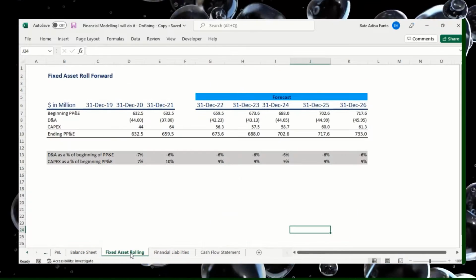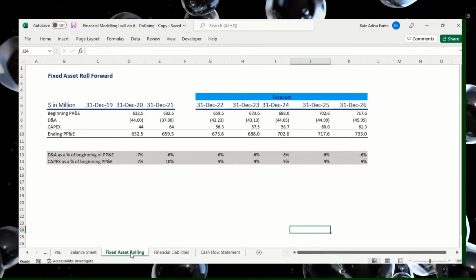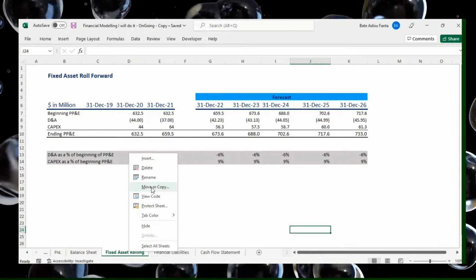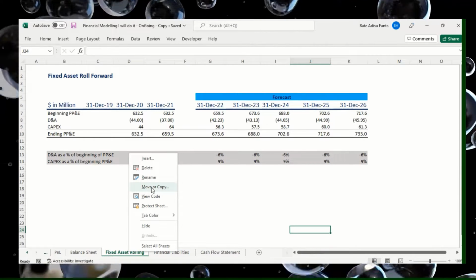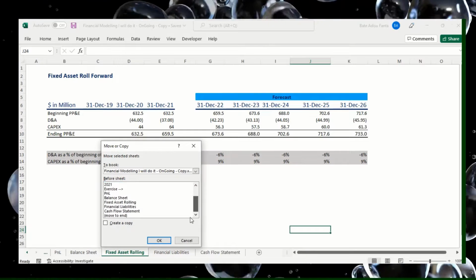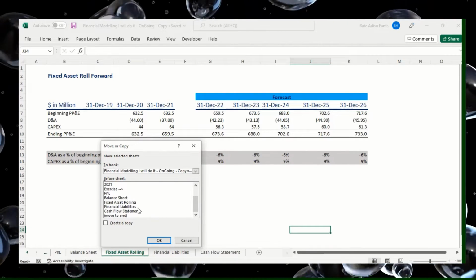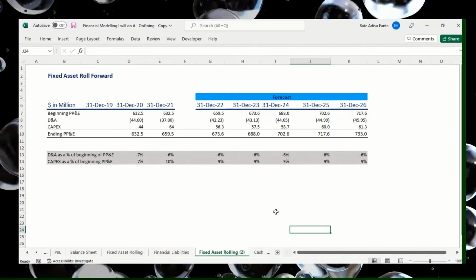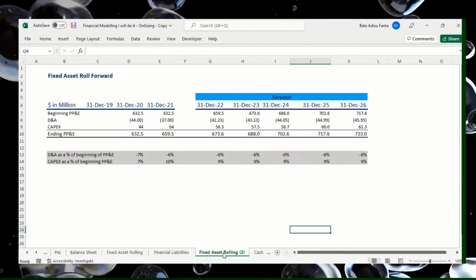To start the scheduling for equity, let's copy paste the format in fixed asset roll forward. That will help us to save our time. So I change it here.